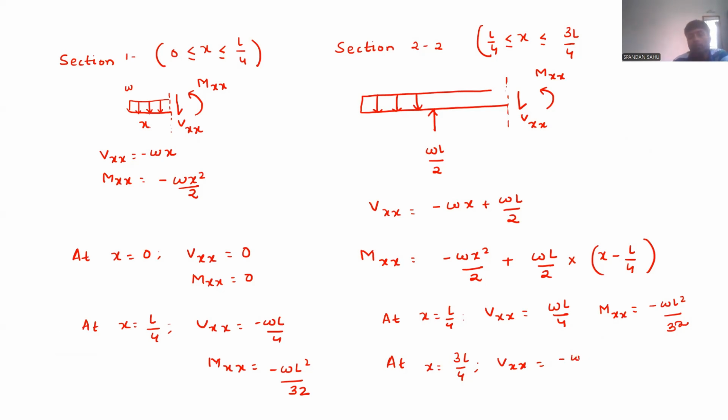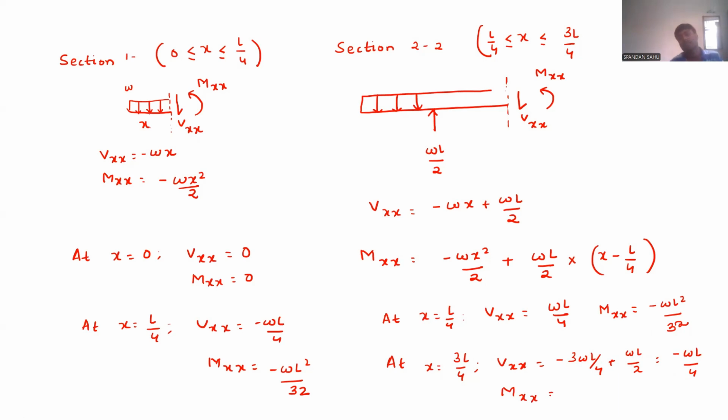So minus W into 3L by 4. Just simplify and give me the final value. So VXX you got as minus WL by 4.